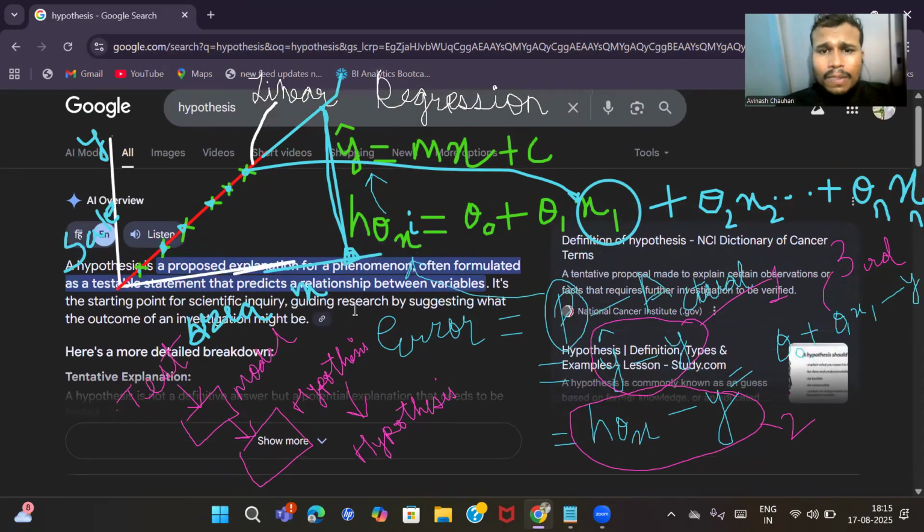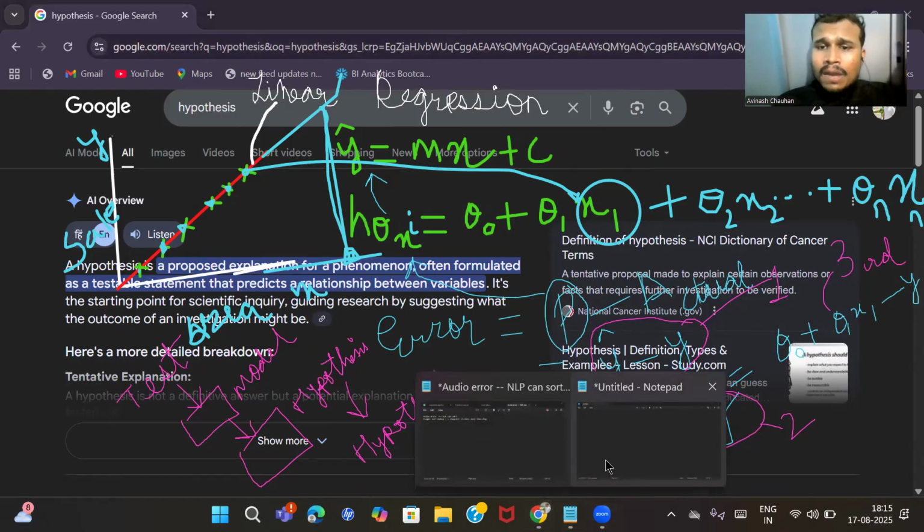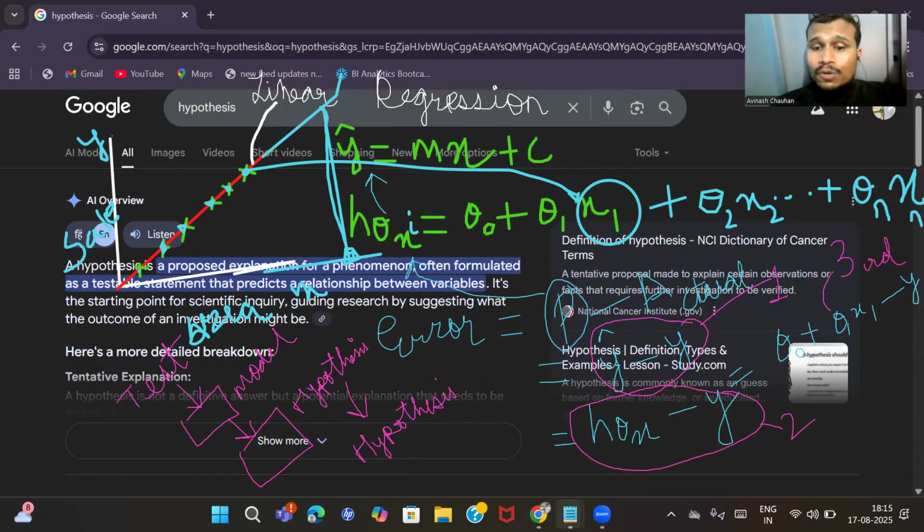So we are going to predict the relationship between the variables as well, and for that we need to create a hypothesis out of that model. And with the help of hypothesis testing, we are going to test that model.